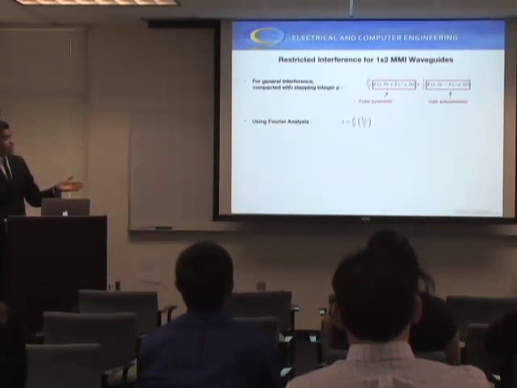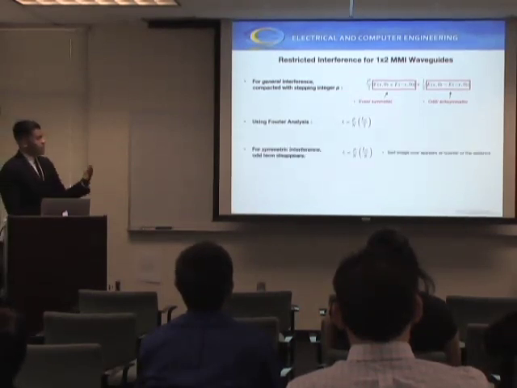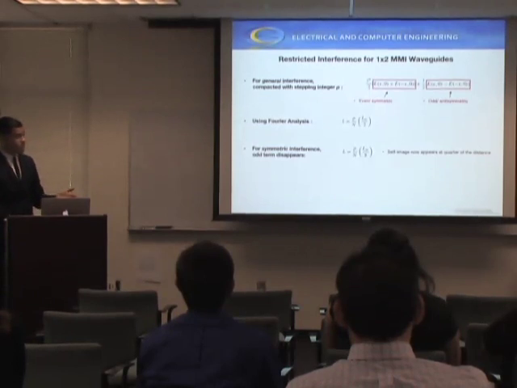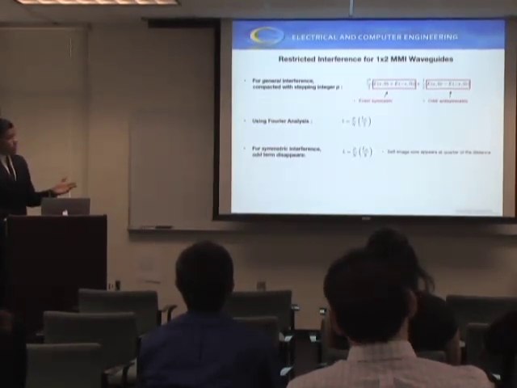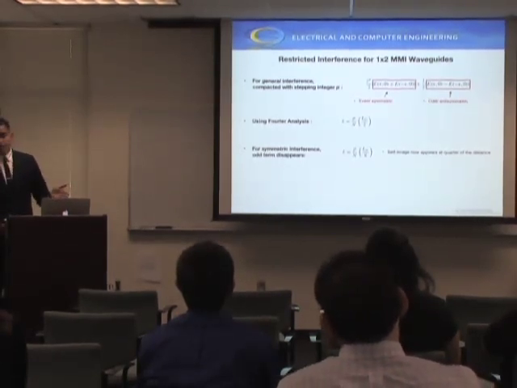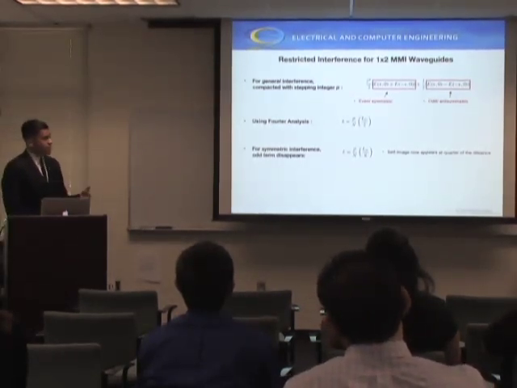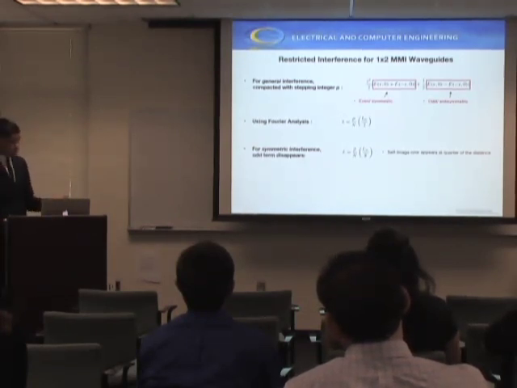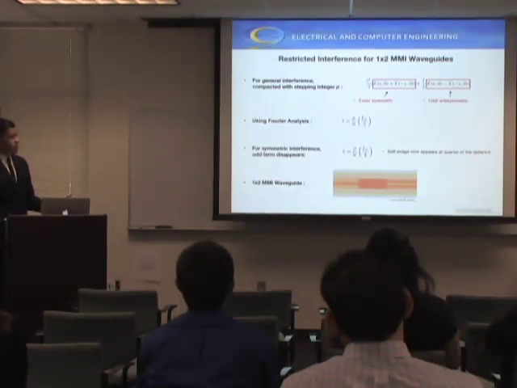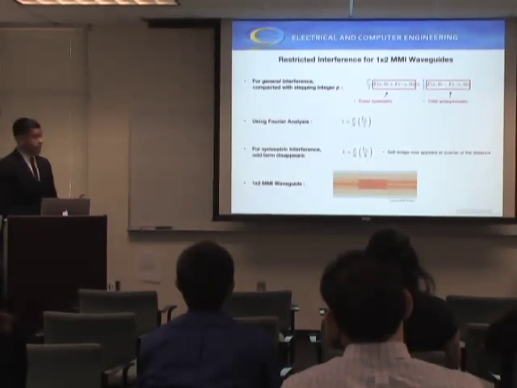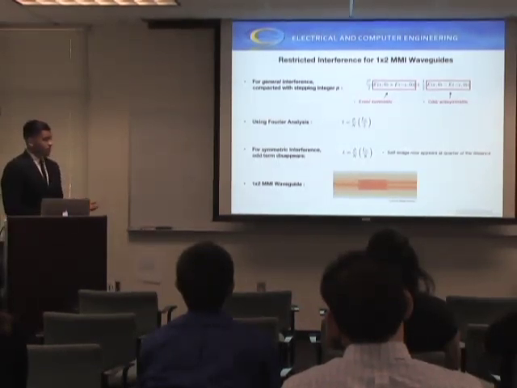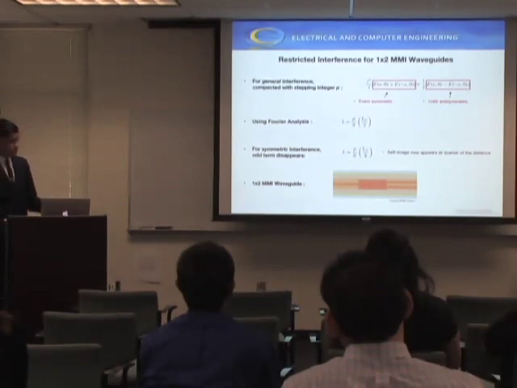And then we can apply this to asymmetric interference, which would be the case of a 1x2 as opposed to the 2x2 that we saw earlier. With this symmetric interference, we see that our self-imaging distance is now at a quarter of the distance for a 1x2 as opposed to a 2x2. This is where I began to start designing a 1x2 MMI waveguide model.